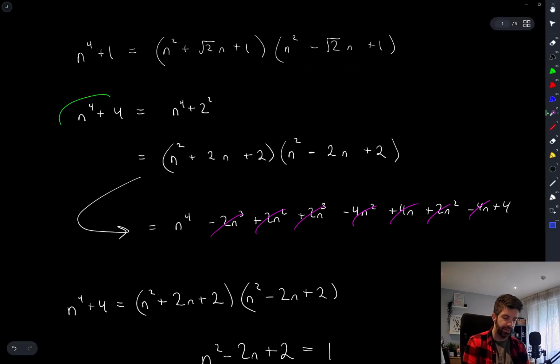It's nicer to write out the factorization of n to the 4 plus 4. Of course, they give you this kind of like a hint that this type of factorization can be done. But this is the way that you want to look at this question. It's almost misleading to have given this hint to someone.